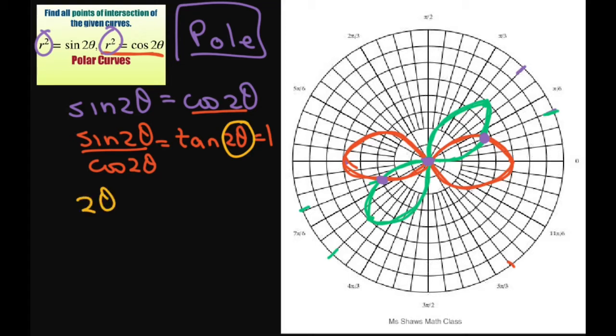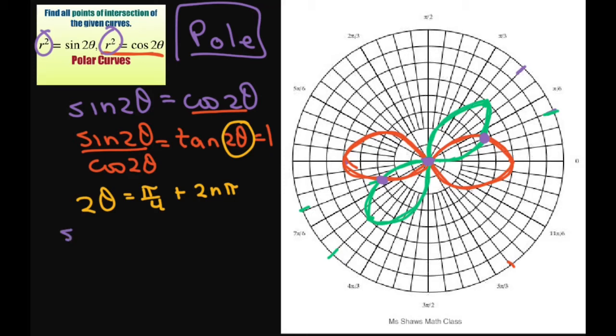So you set 2 theta equals pi divided by 4 plus 2 pi n.